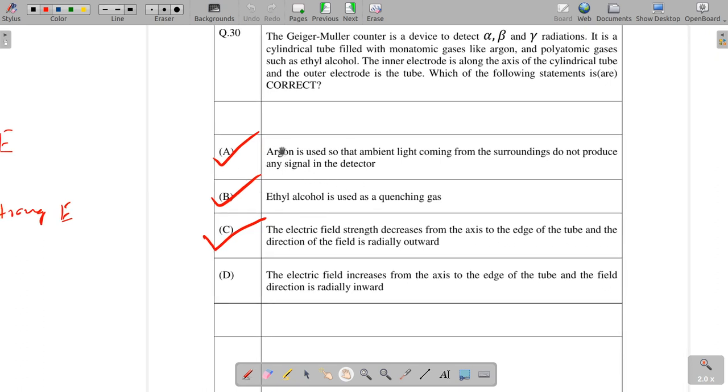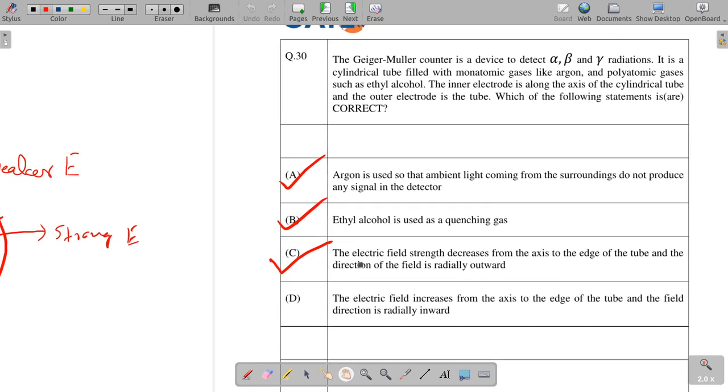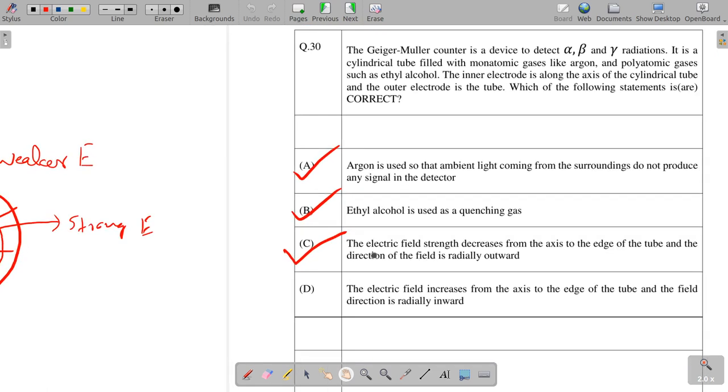Argon is used so that ambient light coming from the surrounding does not produce any signal. These are what I marked from the answer key. These are very detailed, specific kinds of questions, so you have to simply remember them. Just have an idea of what these devices are.